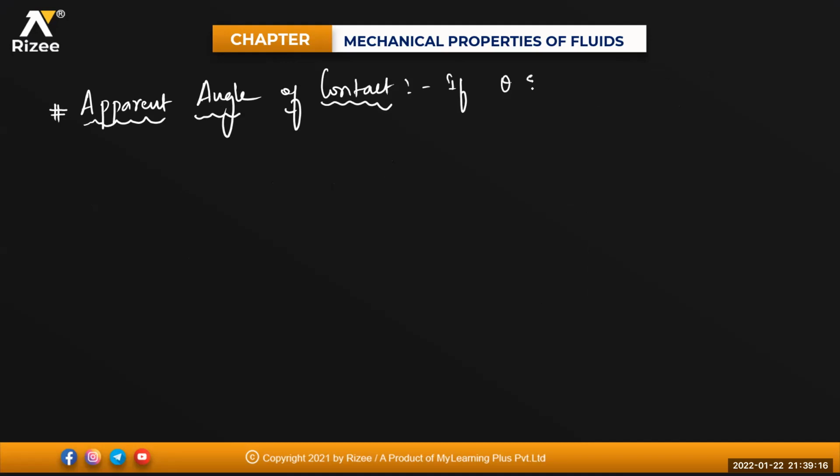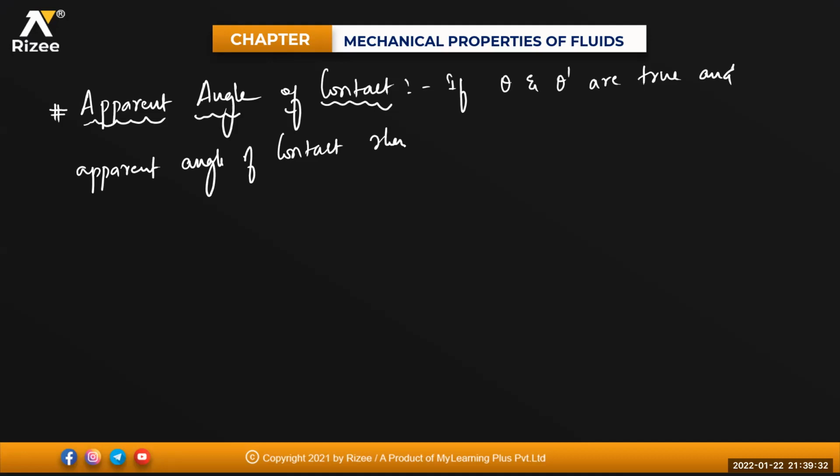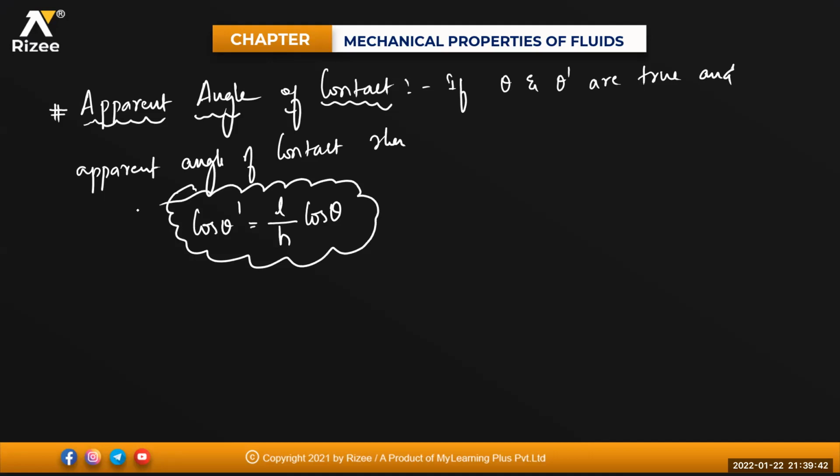If theta and theta dash are the true and apparent angles of contact, then cos theta dash will be equal to L by h into cos theta. Direct application, beta. Very important relation.